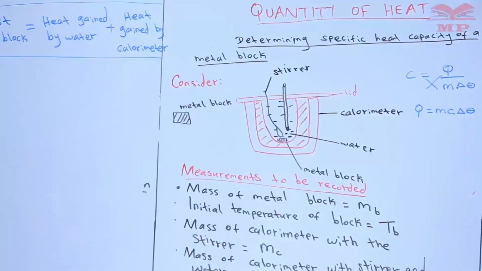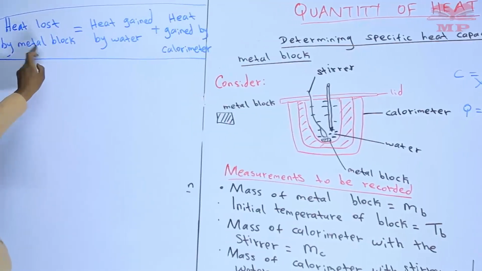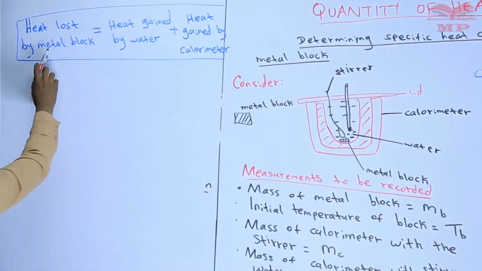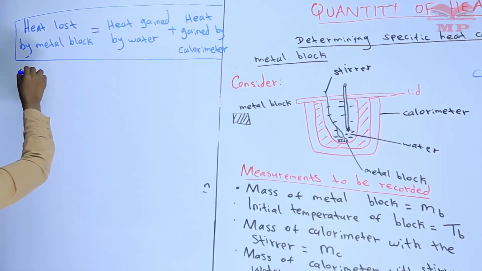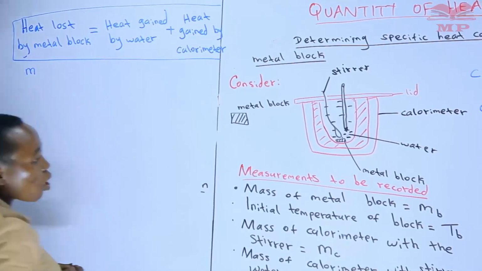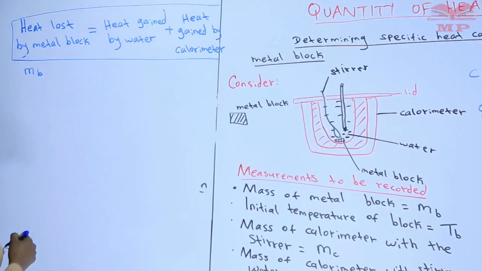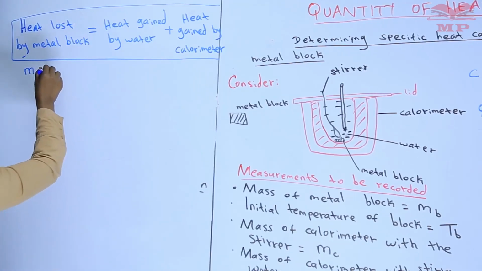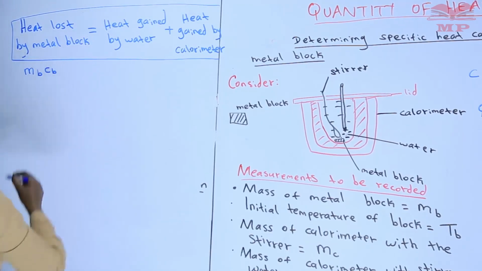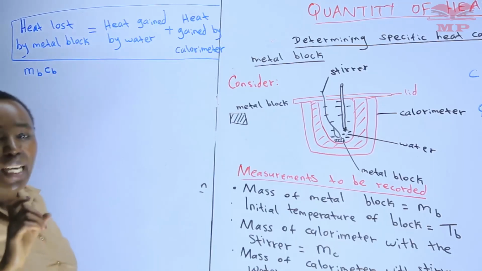So heat lost by the metal block will be given by the mass of the metal block, which is mB, multiplied by the specific heat capacity of the block, which is in question, multiplied by the change in temperature.